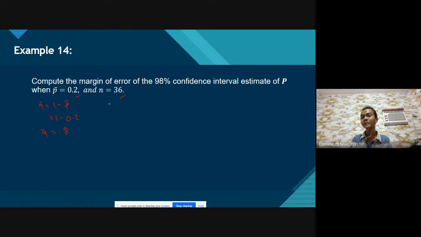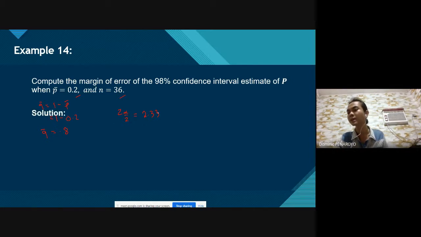Next, what is the next given that we need? The Z alpha over 2. Since it is 98%, we know, memorize that, I told you to memorize it, we have here 2.33. That is the Z value for the 98% confidence level.